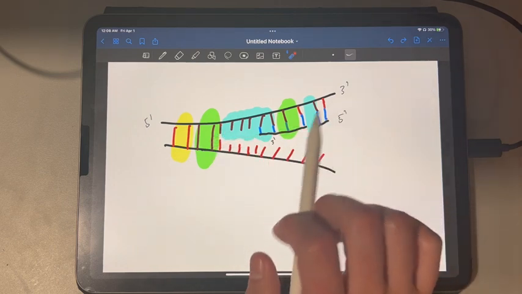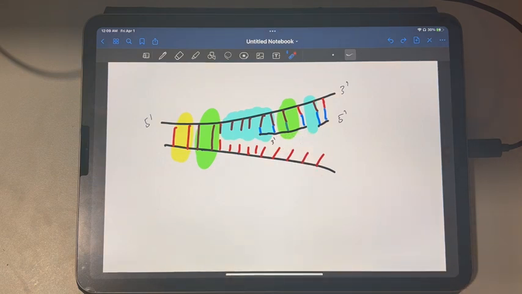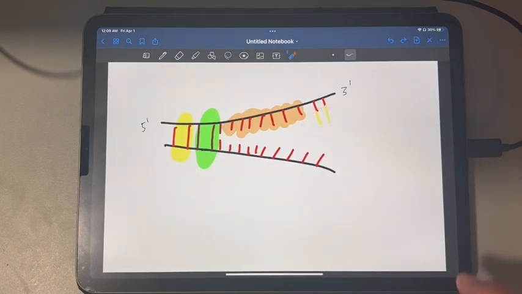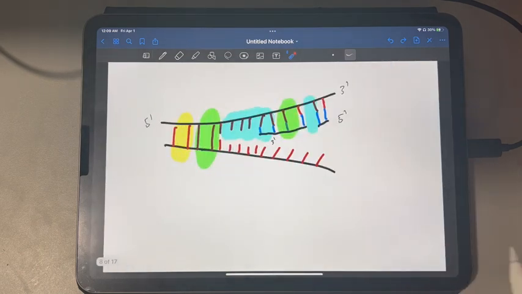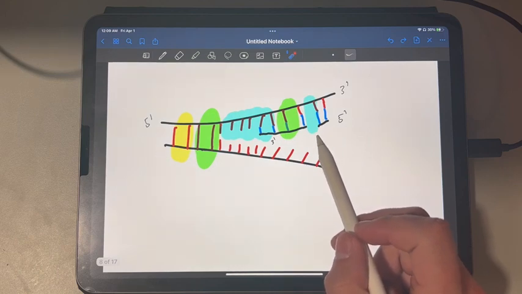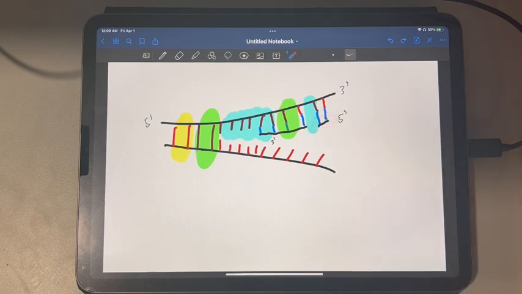Then we have this green enzyme, and this green enzyme is exonuclease. Exonuclease will remove these yellow RNA primers, so that another DNA polymerase, this one is DNA polymerase 1, will replace them with actual DNA.